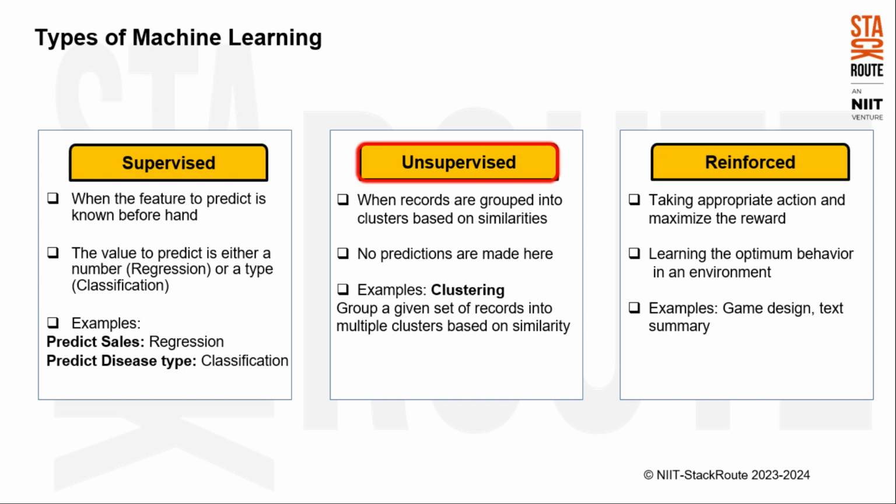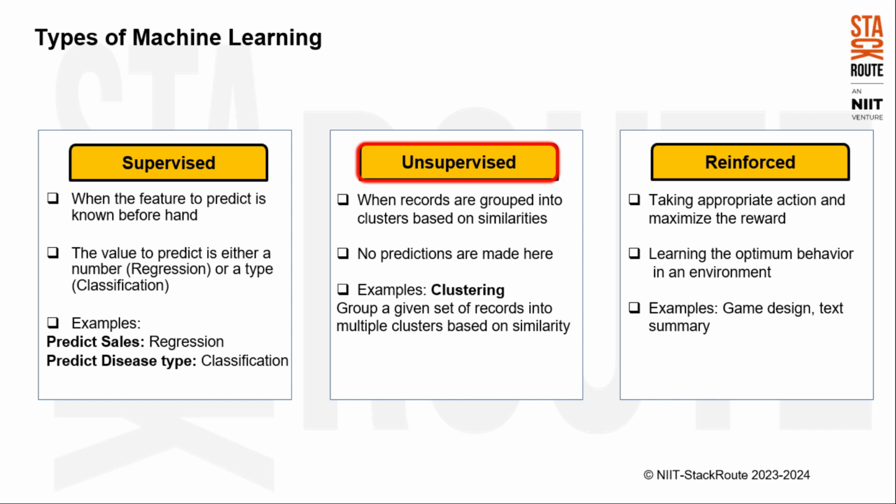In an unsupervised learning technique, there is only a data set which contains features but does not contain any y variable. That is, there is no prediction involved in these techniques. So the data is grouped into something called clusters, and each cluster will have a group of records which are similar. So no two clusters are the same, but records within a cluster are similar.